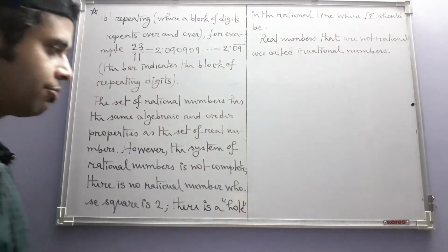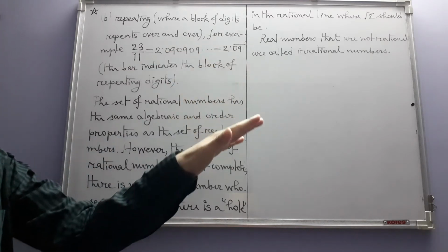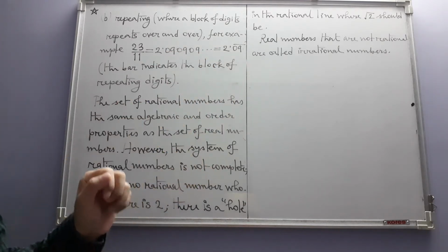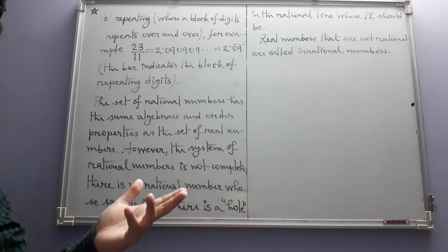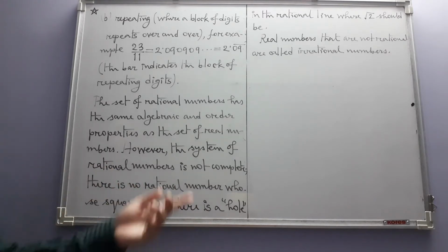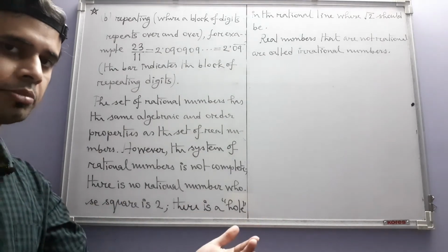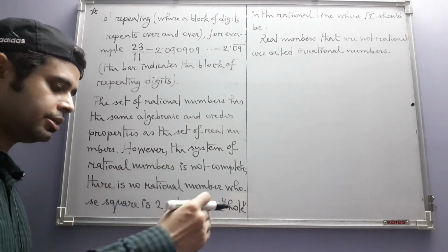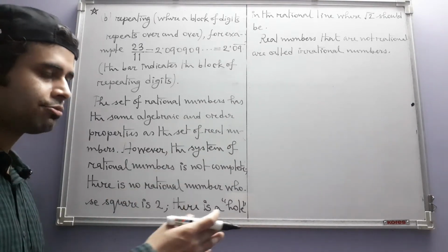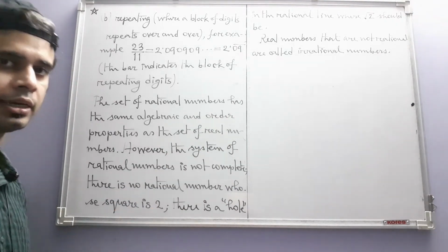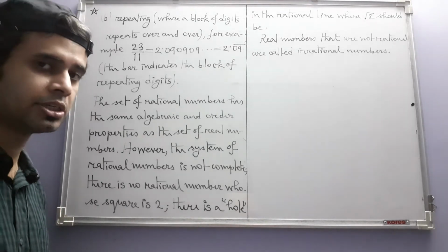Oh, by the way, the fact that the decimal expansion of any rational number should either be terminating or repeating also says that the decimal expansion of an irrational number is neither terminating nor repeating. If you expand an irrational number such as root 2 in the decimal system, then the digits will not end in a string of zeros, and neither will you find a block of digits which repeats again and again. These two things do not happen in the decimal expansion of an irrational number.